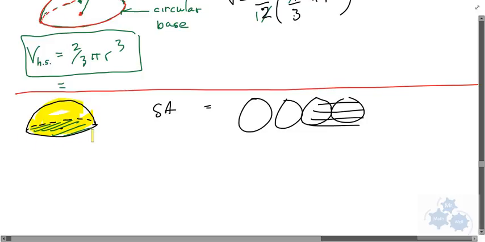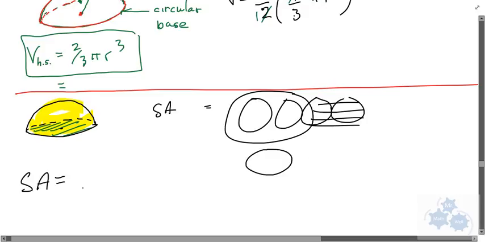Now, if it's cut in half, really, if you think about the bottom of this now, the bottom is another one of those circles. So what we actually have is the top plus the base now. So the surface area for a hemisphere is actually 3 pi r squared.